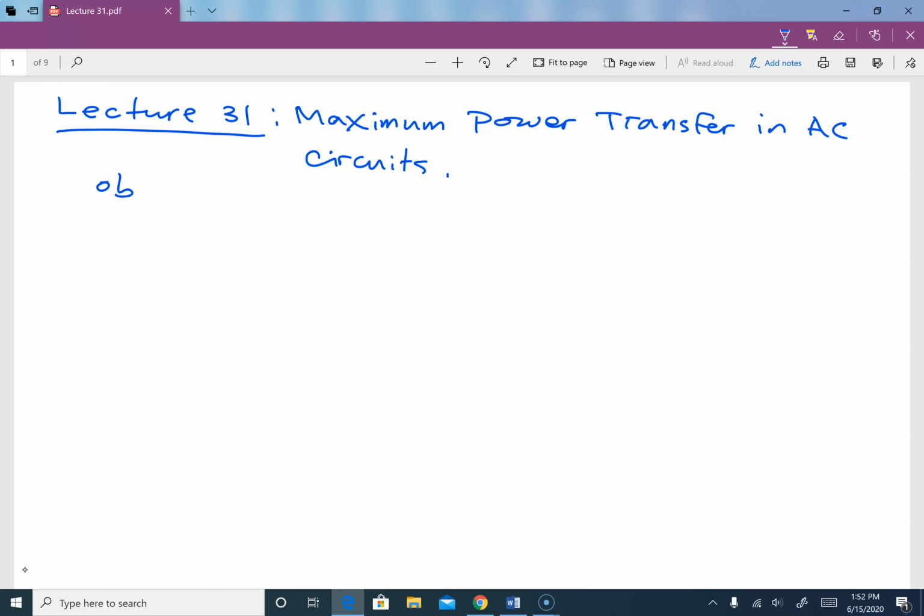The objectives of this lecture: the first objective is to know the condition for maximum power transfer.